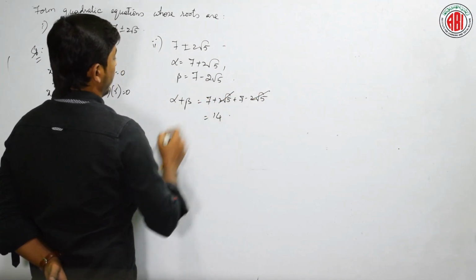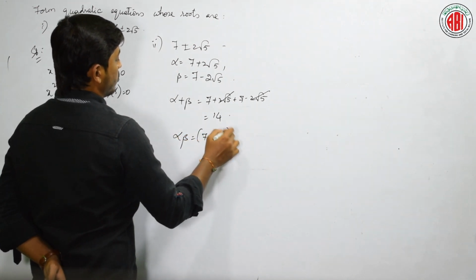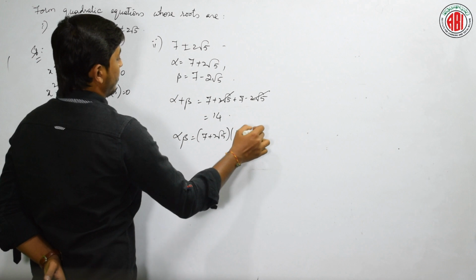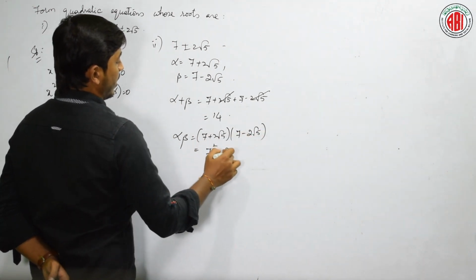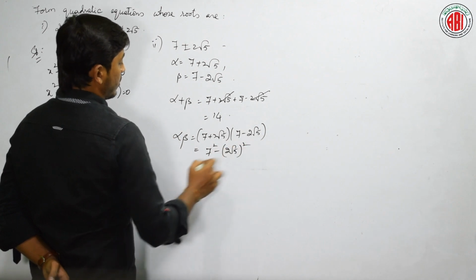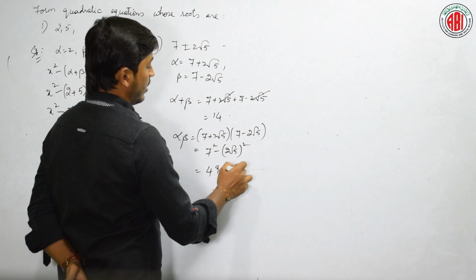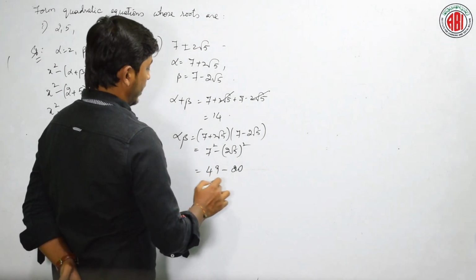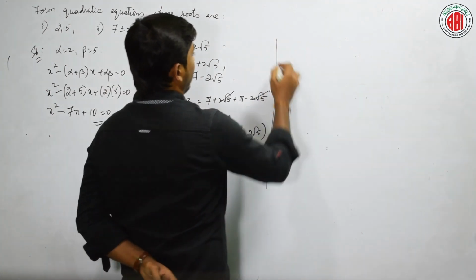This is 14. Alpha beta, 7 plus 2 root 5 into 7 minus 2 root 5. A plus b into a minus b. A square minus 2 root 5 whole square, that is 49 minus 2 square is 4. 4 5s are 20. This is 29. So, let us substitute both in the formula.